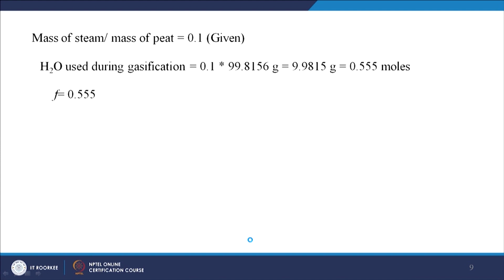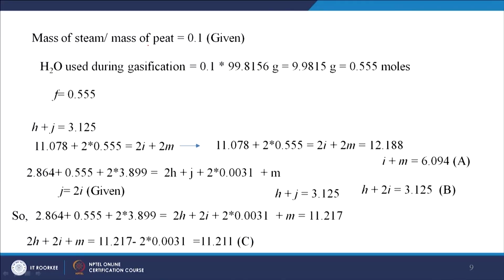Then another piece of information is also given in the problem statement that we will consider here, that is mass of steam by mass of peat is 0.1. So, how much H2O is used during gasification? The steam is giving the H2O. So, that is equal to 0.1 into how much peat we have used, 99.8156. So, that is giving us this many grams, or 0.555 moles when divided by 18.